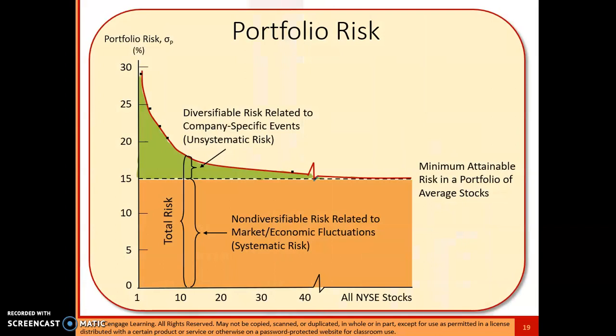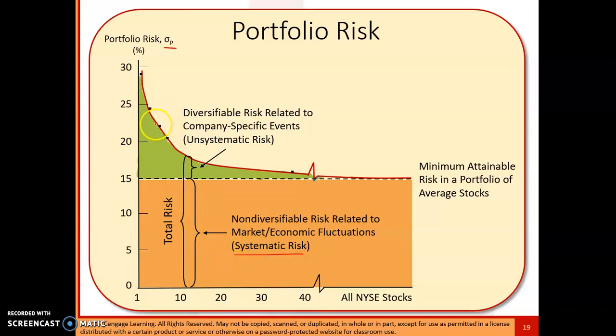So here we have portfolio risk. The y-axis here is standard deviation. The x-axis is stocks. Here we have, say, up to 15% risk. That is basically our systematic risk.